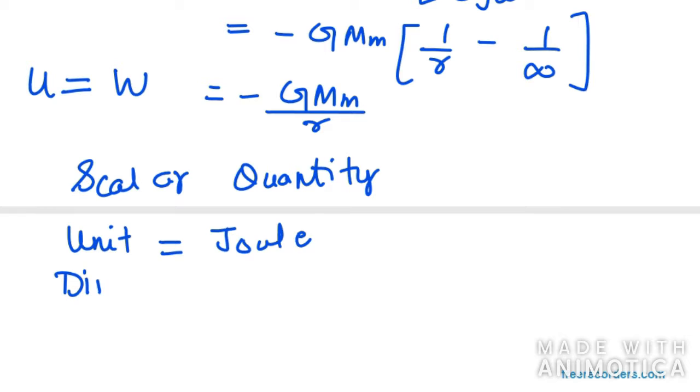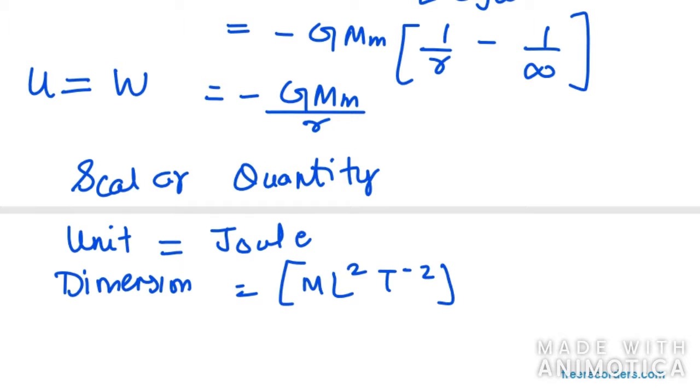And if I write its dimension, it will be M L raised to power 2 T raised to power minus 2. And one more thing is that the gravitational potential energy is always negative because the force is always attractive in nature. So always the work done or the gravitational potential energy is a negative quantity.